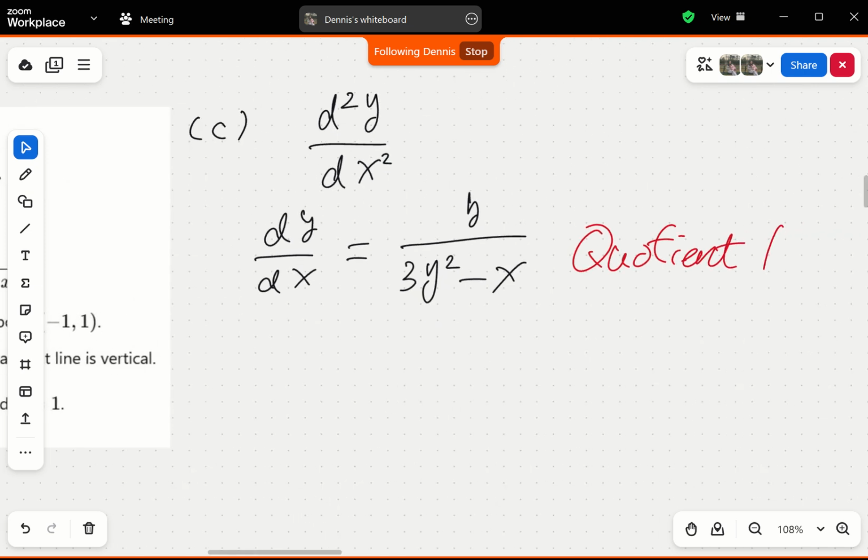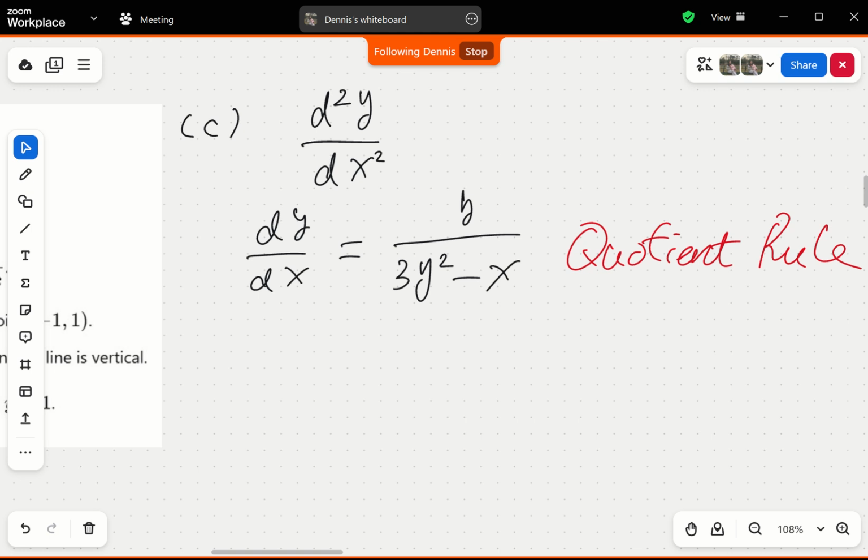Apply the quotient rule. Okay, so let's try this approach.